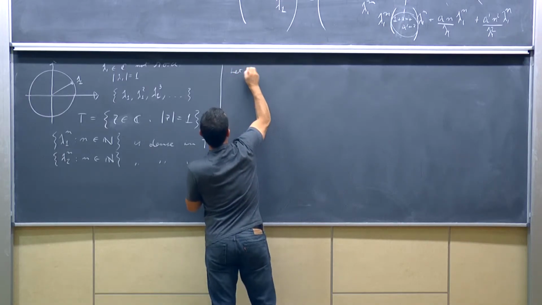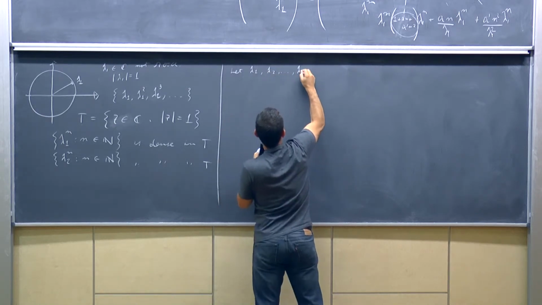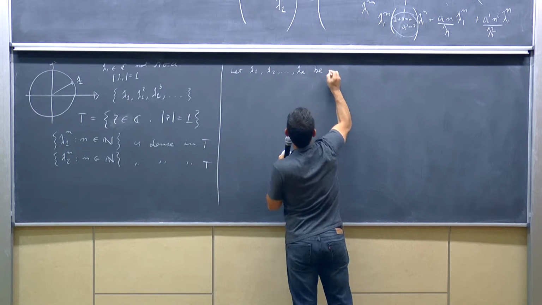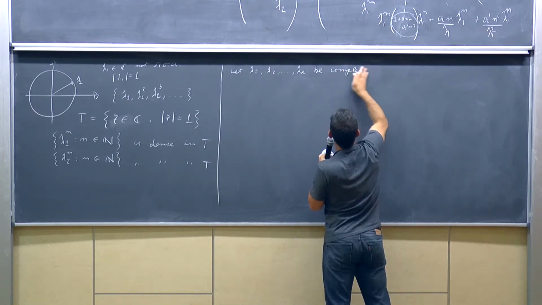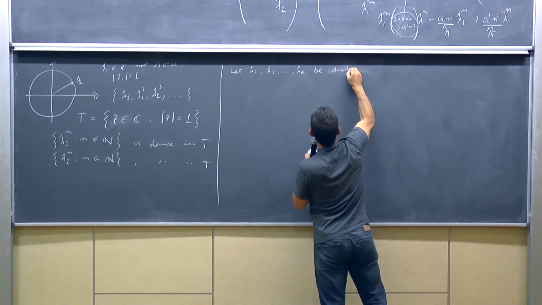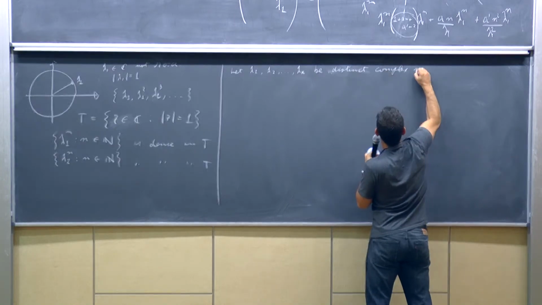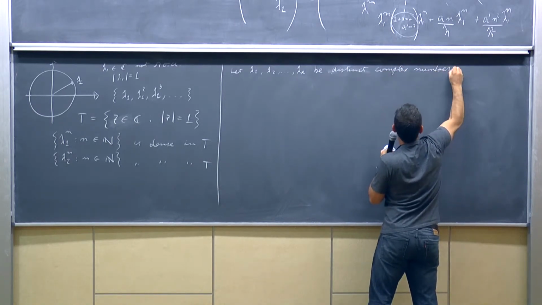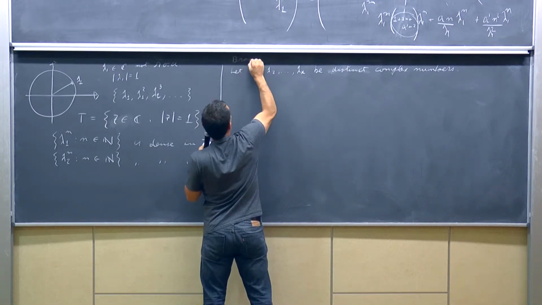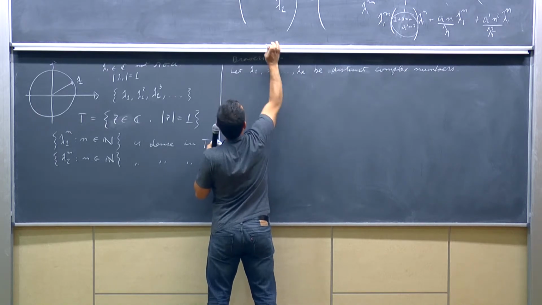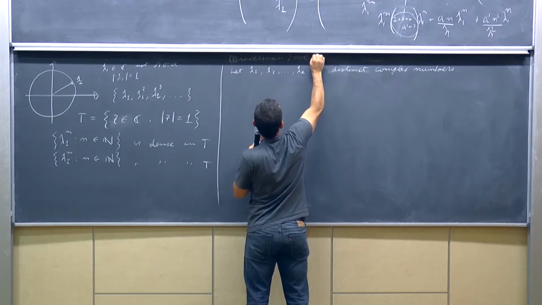I want to have lambda 1, lambda 2, up to lambda k be distinct complex numbers. Let me credit this formulation to Braverman 2006, but like I said, this is an older result.